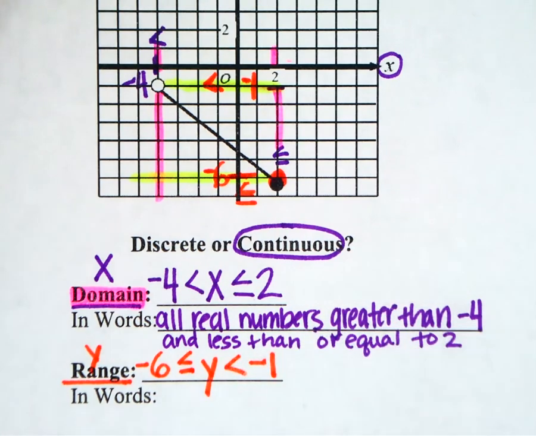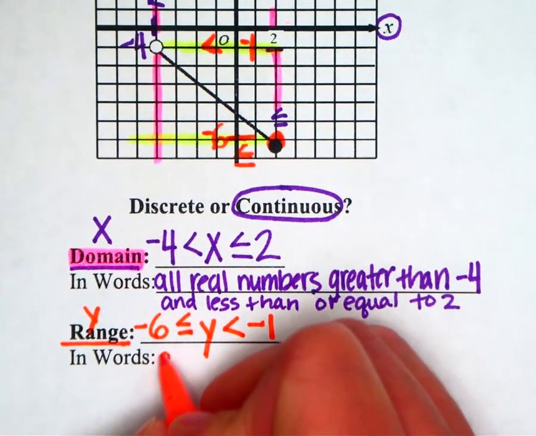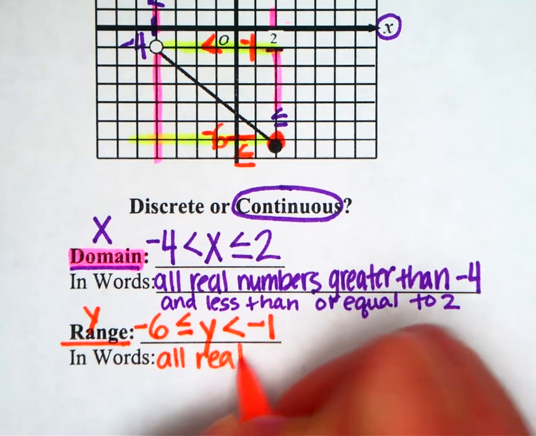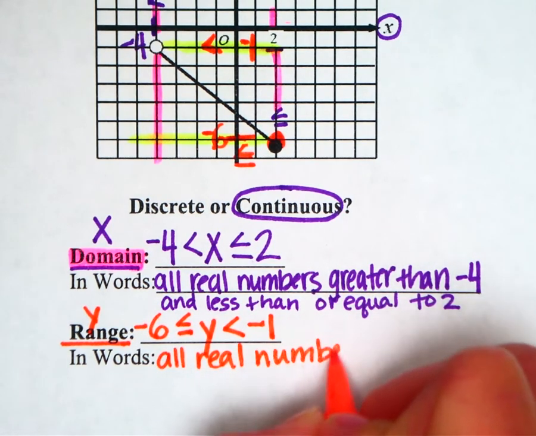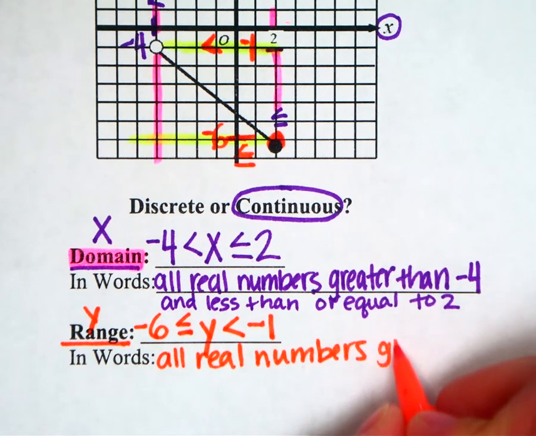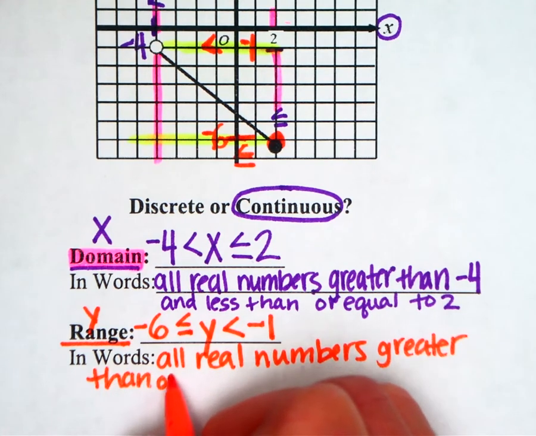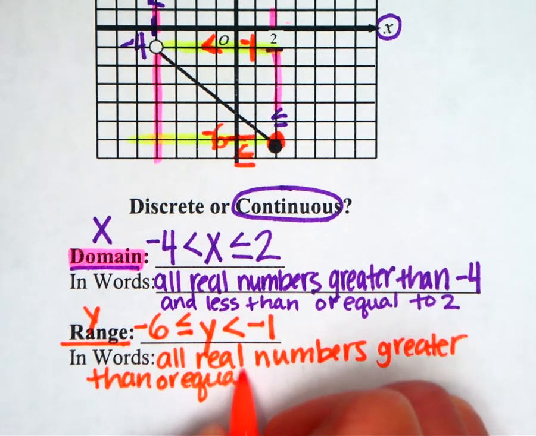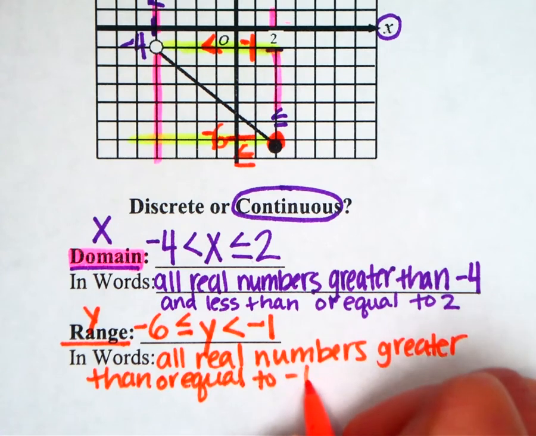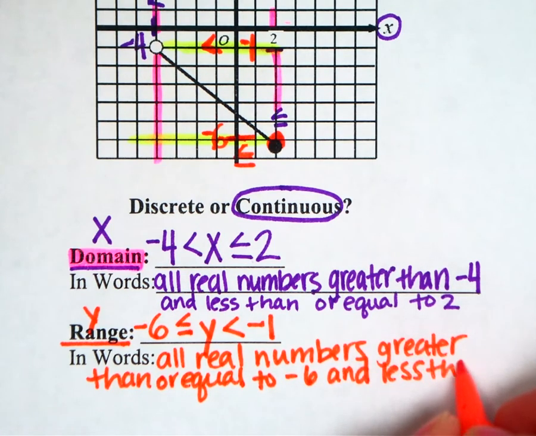And when I write this in words, I'm going to say all real numbers greater than or equal to -6 and less than -1.